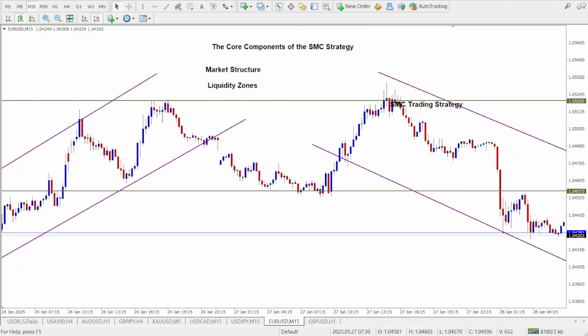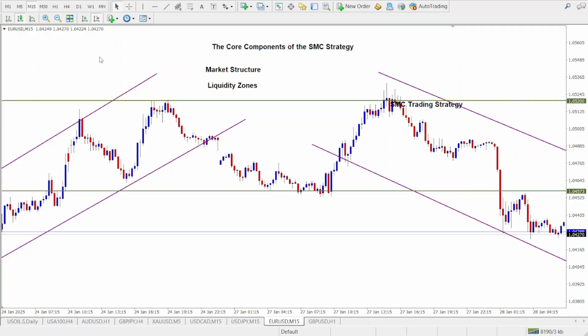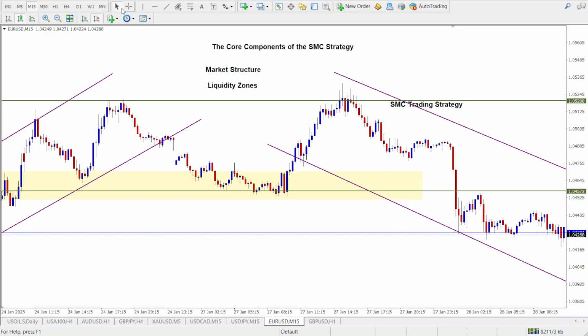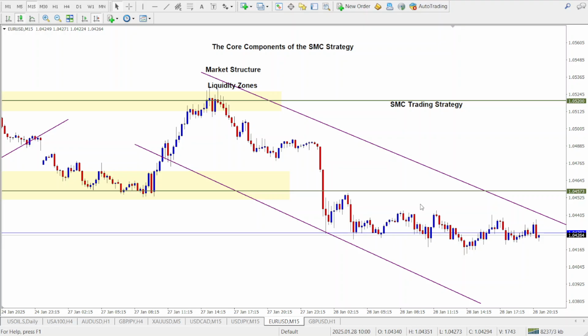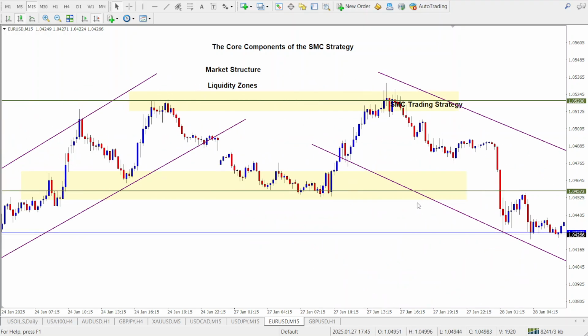These zones are typically found around areas of support and resistance, or previous swing highs and lows. The idea is that smart money seeks out these liquidity pools to fill their large orders. Understanding where these liquidity zones are located helps you identify where price is likely to move to next.